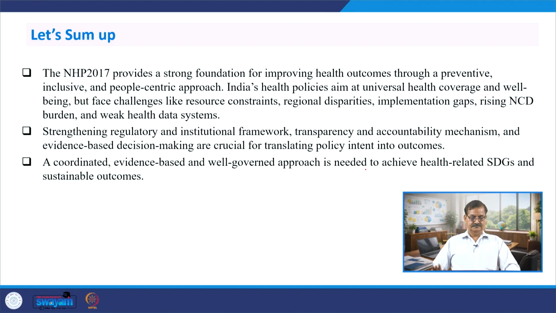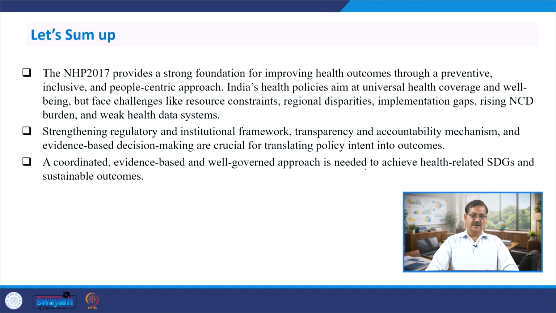So now let us sum up this topic. National Health Policy 2027 provides a strong foundation for improving health outcomes through a preventive, inclusive and people-centric approach. India's health policies aim at universal health coverage and well-being but face several challenges like resource constraints, regional disparities, implementation gaps, rising non-communicable disease burden, and weak healthcare data systems.